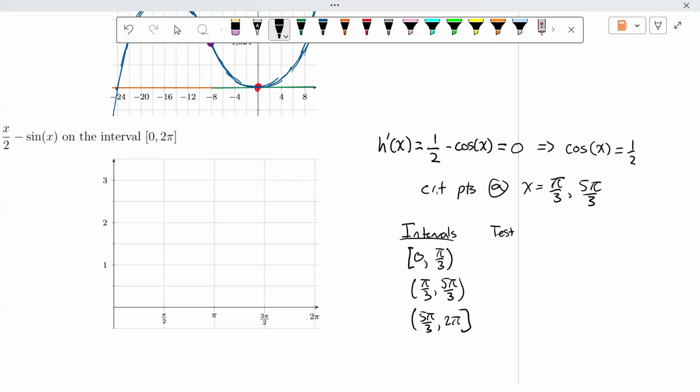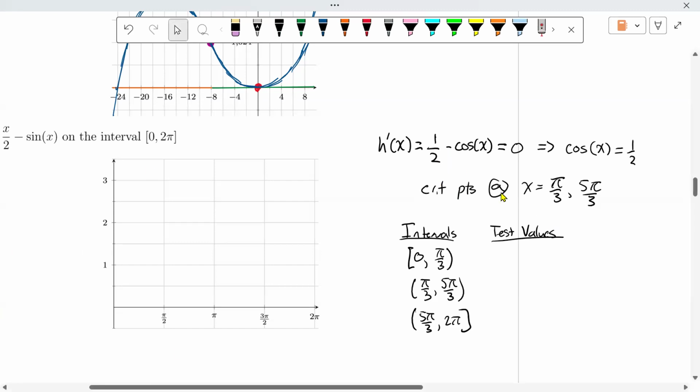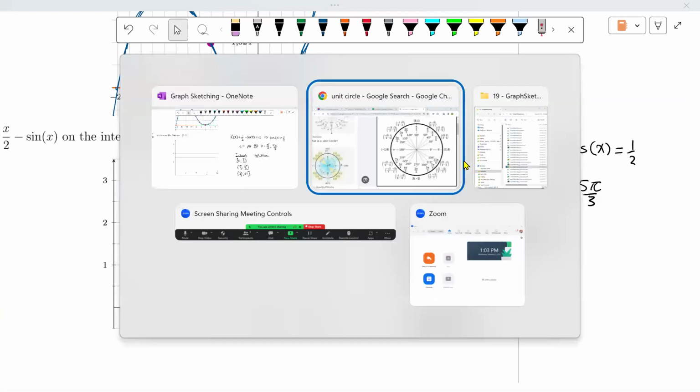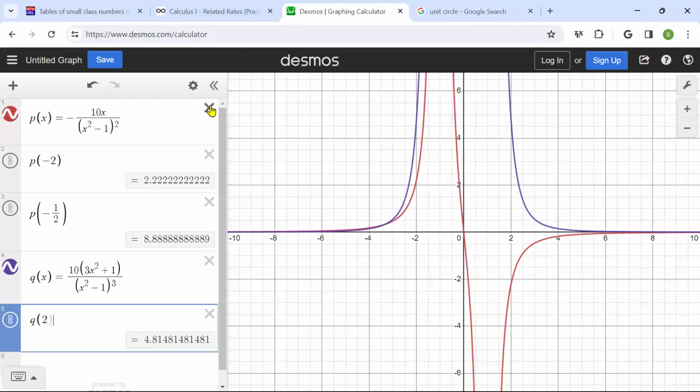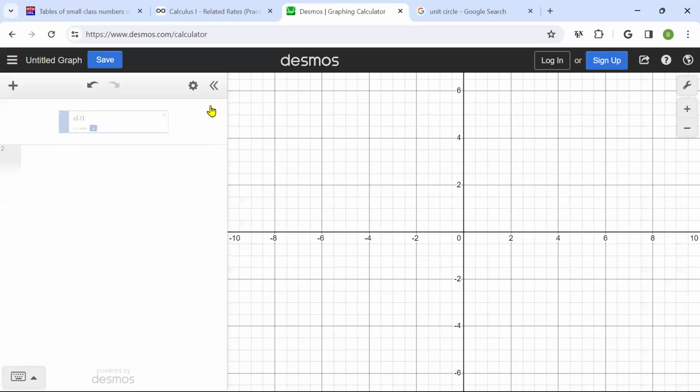And as before, I got to figure out some test values, and you can just plug in whatever you would want to plug into this. I mean, I have my own preferences, right? So I'm going to enter this function into Desmos, 1/2 minus cosine x, so I can evaluate it easily. I'll call it p of x.